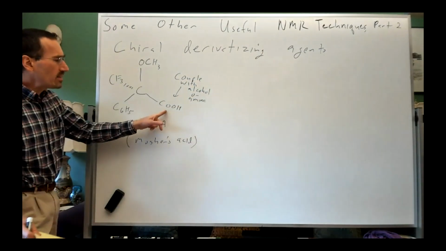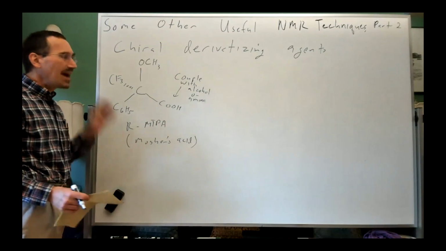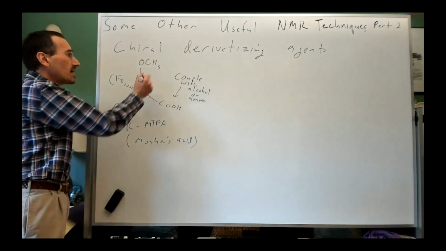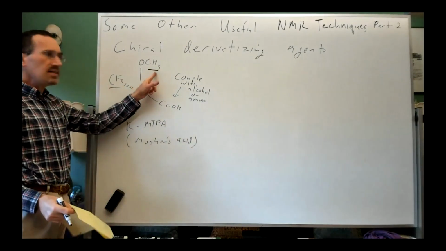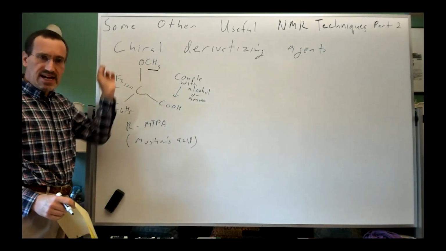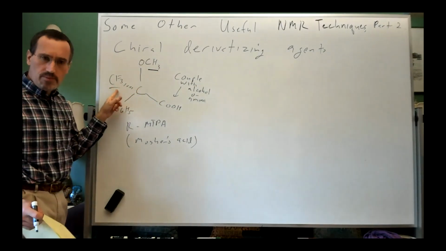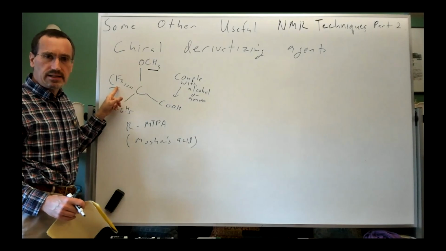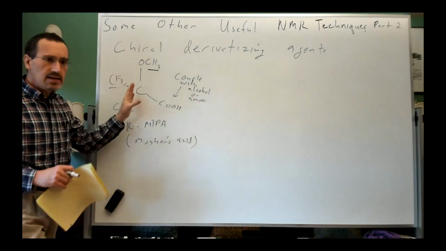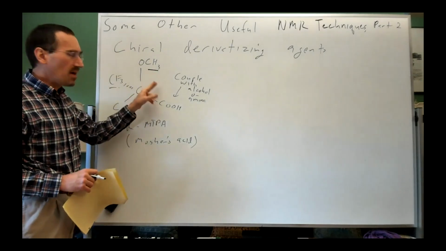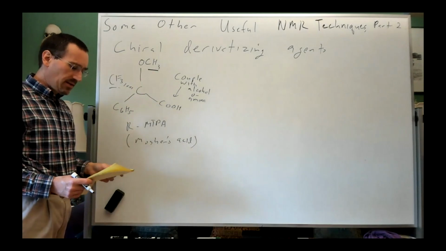And at that point, it's great because now you get diastereomers, but what's even nicer is that you get two handles that are sharp singlets. A methoxy group, so you'll get a tight line in the NMR spectrum, and also a trifluoromethyl group, which gives you a tight line in the F19 NMR spectrum. So you get two handles, whereby now you can see distinct resonances for the enantiomer of your molecule.